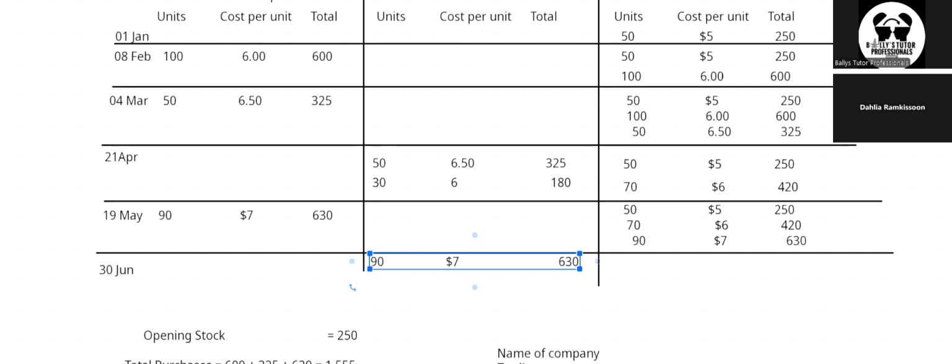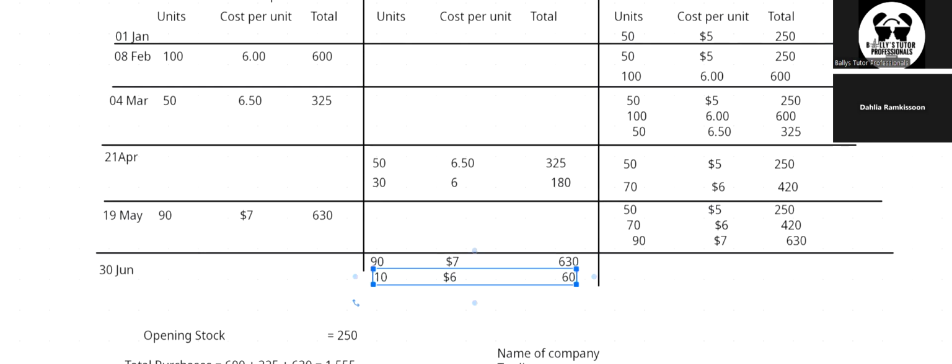From the 50. What's the last set of goods to come in? No, we're going in order. 70, 70. All right. So it'll be 10 at $6 each for 60. So now our balance: we still have the 50, because that 50 didn't get touched.